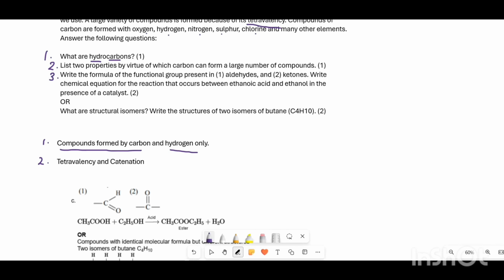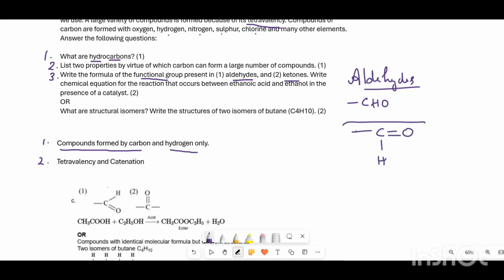Now, third question, write the formula of the functional group present in aldehydes and ketones. So functional group, most of the children will have some kind of doubts. Aldehydes, it's actually the CHO group. So for the detailed structure, the C has a single bond to H and a double bond to oxygen.